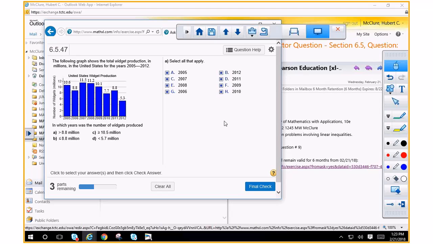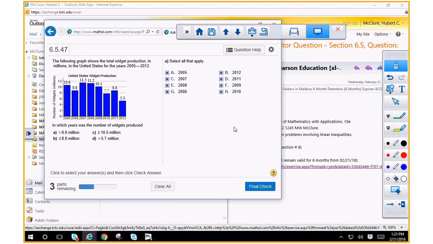The following graph shows total widget production in millions. In which years was the number of widgets produced? What? In which years? Okay, let me read the question again.